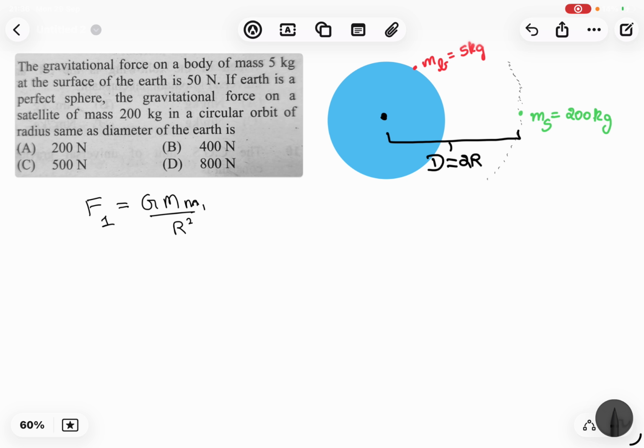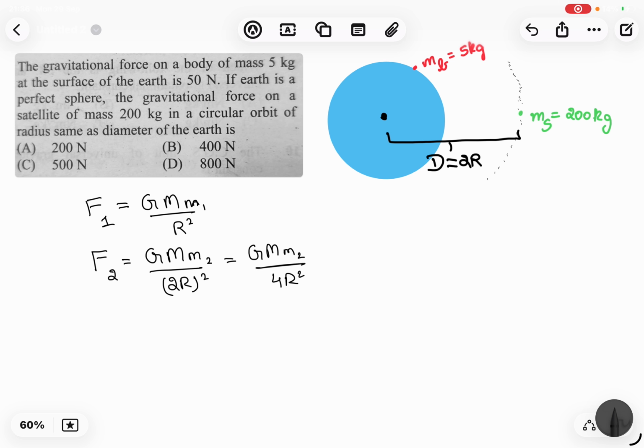The second equation is between the satellite and the Earth, given by the same equation, but this time we consider the mass of the satellite, and the distance is twice the radius, so we take (2R) the whole squared. This can be simplified to G M m2 by 4R squared.